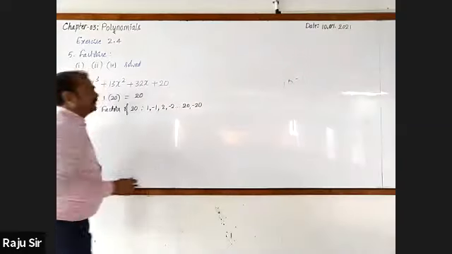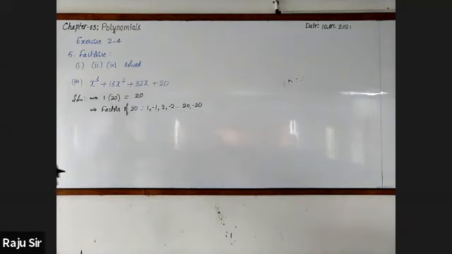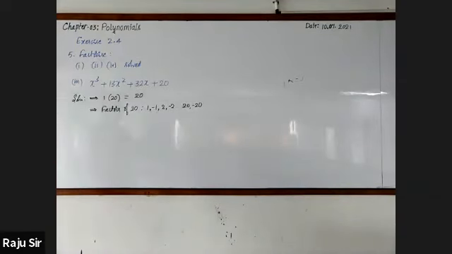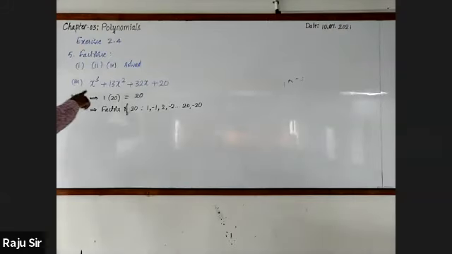So these are the possible factors. But among these, we are going to identify one, which is the zero of the given polynomial. It's minus 1, right.